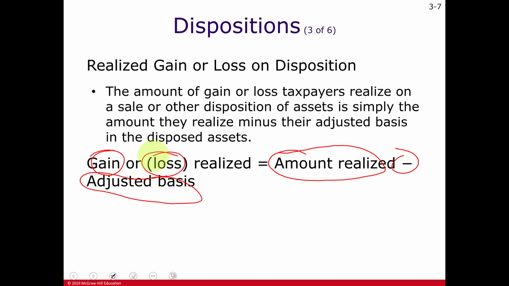Keeping in mind this gain or loss is categorized as realized versus recognized. That's maybe the last part of our chapter 3. And if you didn't sell it but have the potential of a gain or loss, remember we call that unrealized. When you sell it, when you dispose of the asset, now that gain or loss is realized.